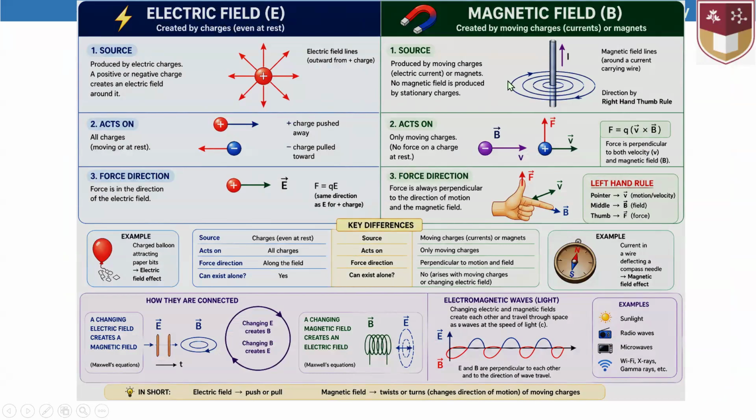Magnetic field. Here, let's compare and find out the differences between the electric field and the magnetic field. We know that the source of the electric field is charges, but charges that are not moving make the electric field, while moving charges make the magnetic field.